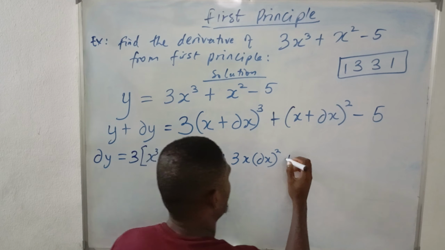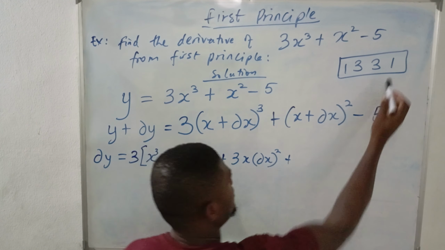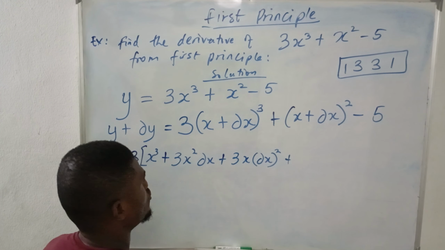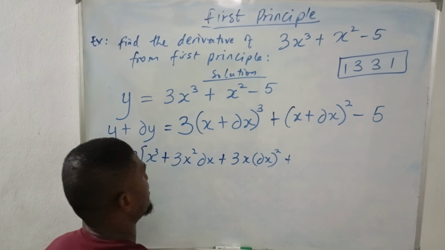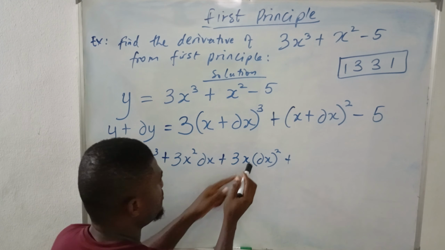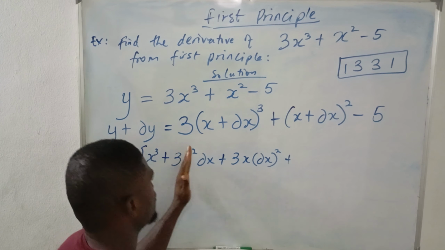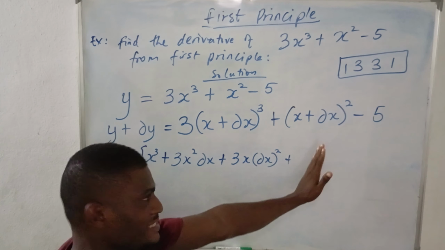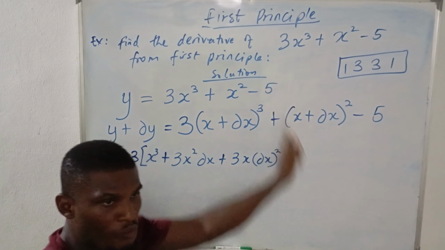And then the last point, the coefficient is 1, so I'm not going to write any number here. First variable x decreases again. Remember, it decreases from 3 to 2, 2 to 1, and 1 to 0. And when the power is 0, it's now 1.